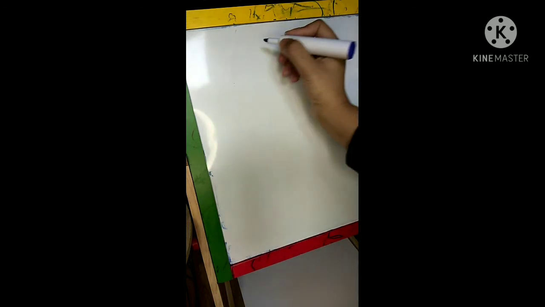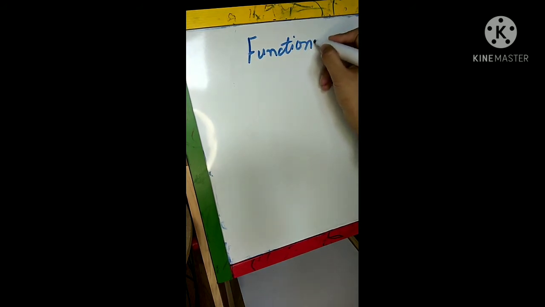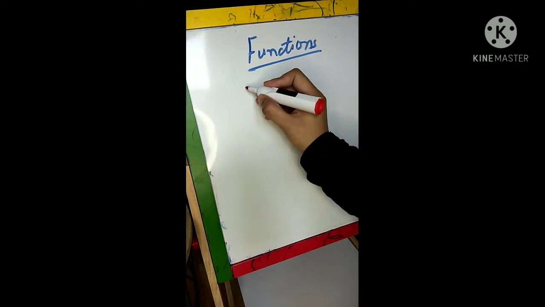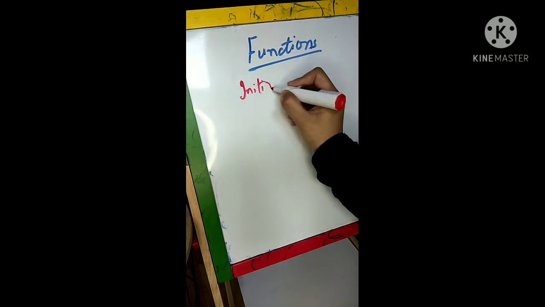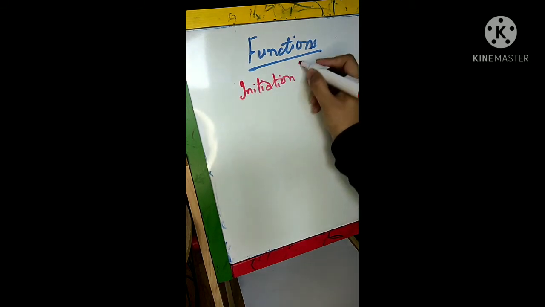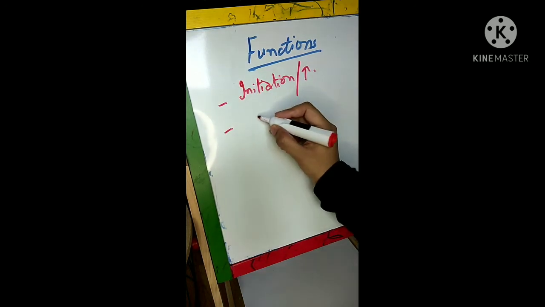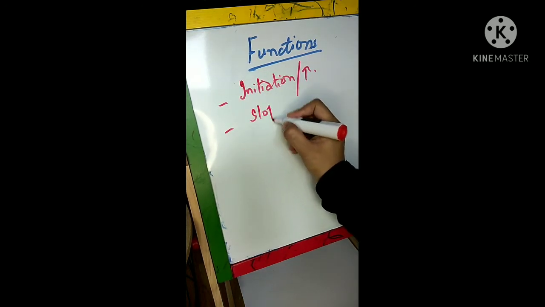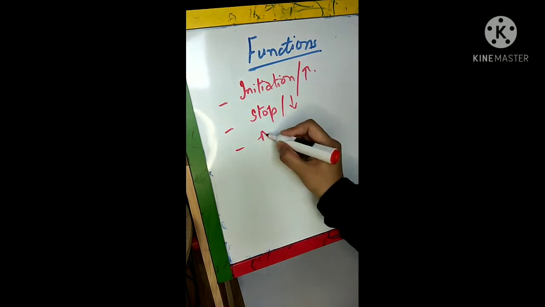First I will tell you about the functions. What does basal ganglia do? Basal ganglia is basically responsible for the initiation or the increase in the motor movements. So either they initiate or they facilitate the motor movements. Then they also have a role in stopping the movement or reducing the movement.